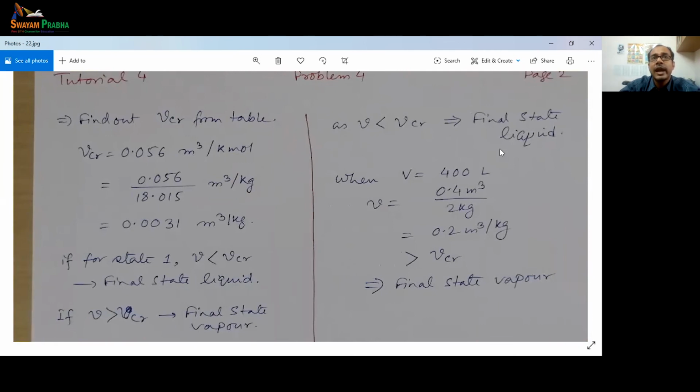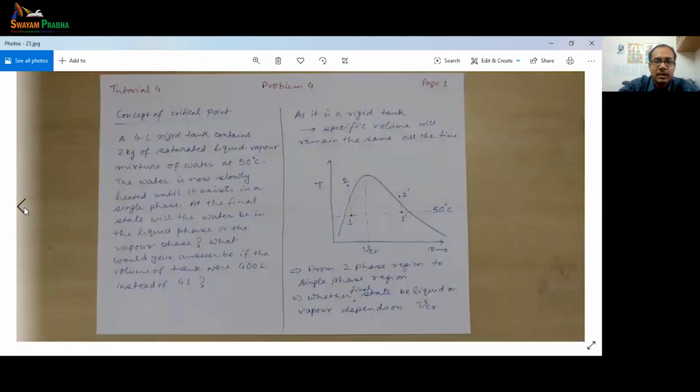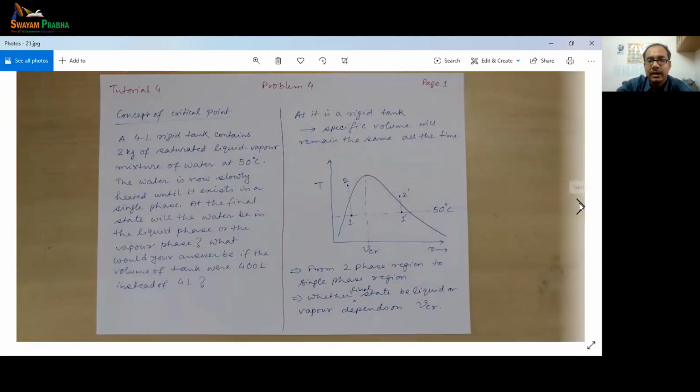So if the tank volume is 4 liter, you are in this region. Let me show that again to make sure that you understand. So actually we are on the left hand side of the VCR for the 4 liter tank.